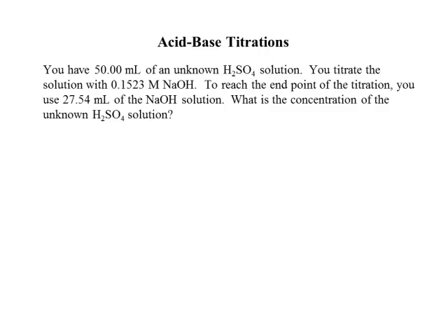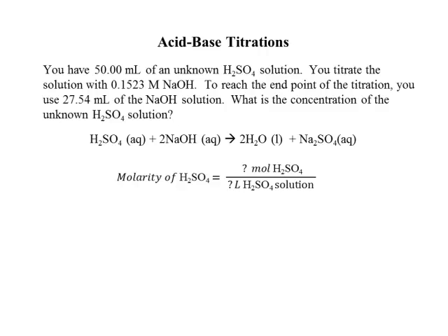Well, when looking at this, I'm having an acid-base reaction occur inside my flask, so I need to have a balanced equation, and this is what the balanced equation would look like. The next thing I need to think about is if I'm trying to get the molarity of H2SO4, I need to know how many moles of H2SO4 I had in that starting flask, and I need to know how many liters of H2SO4 I had in that starting flask.